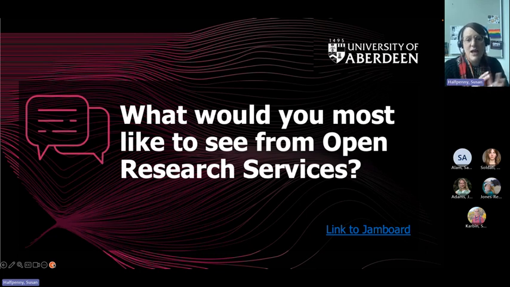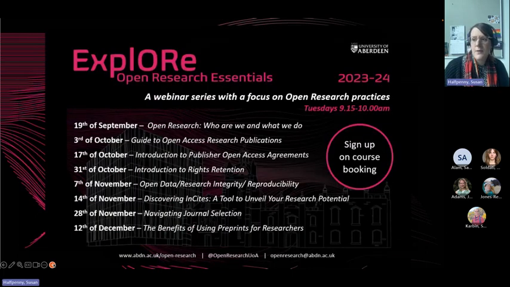But if there's just a general idea about how we can shape our services, do pop something in the Jamboard, because we're happy to consider things and look at how we can build and grow and co-create our services so they really meet the needs of researchers at Aberdeen.